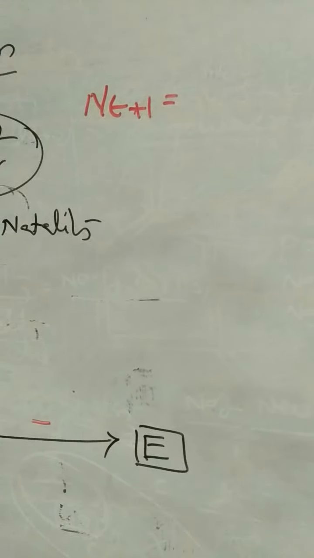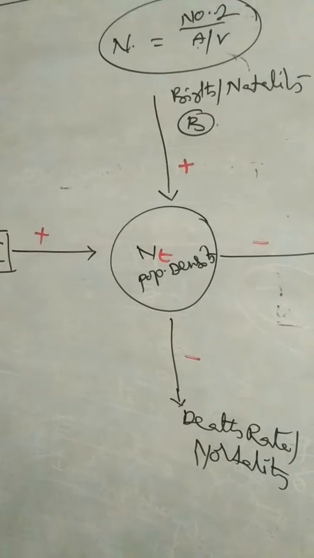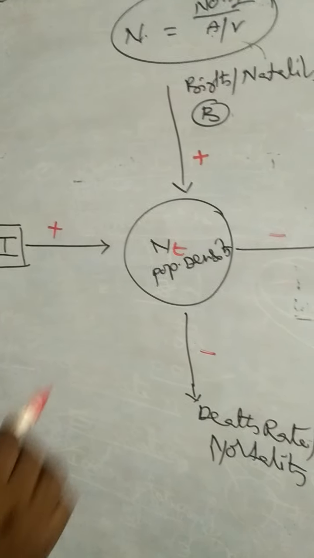What is population density? This is population density at time t. Calculate the population density at time t plus 1.